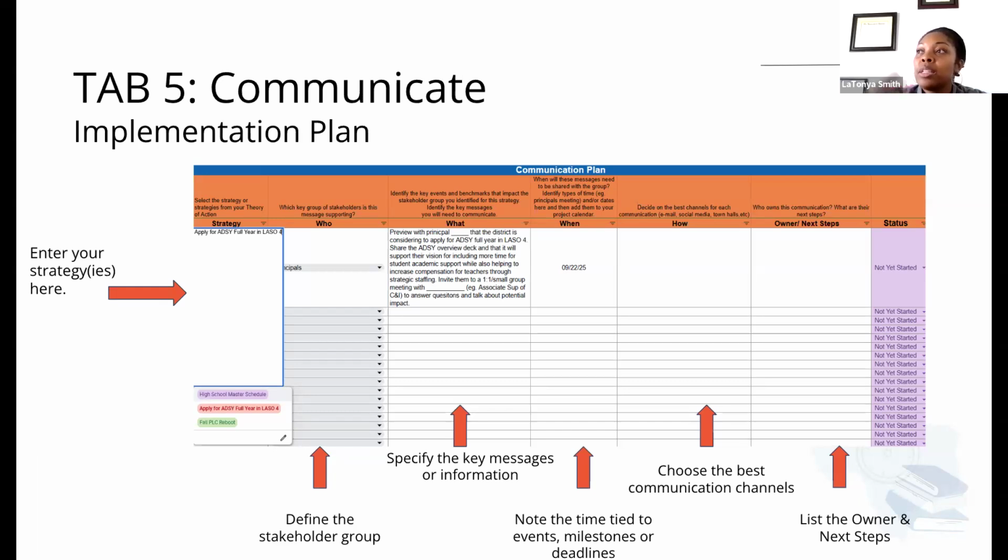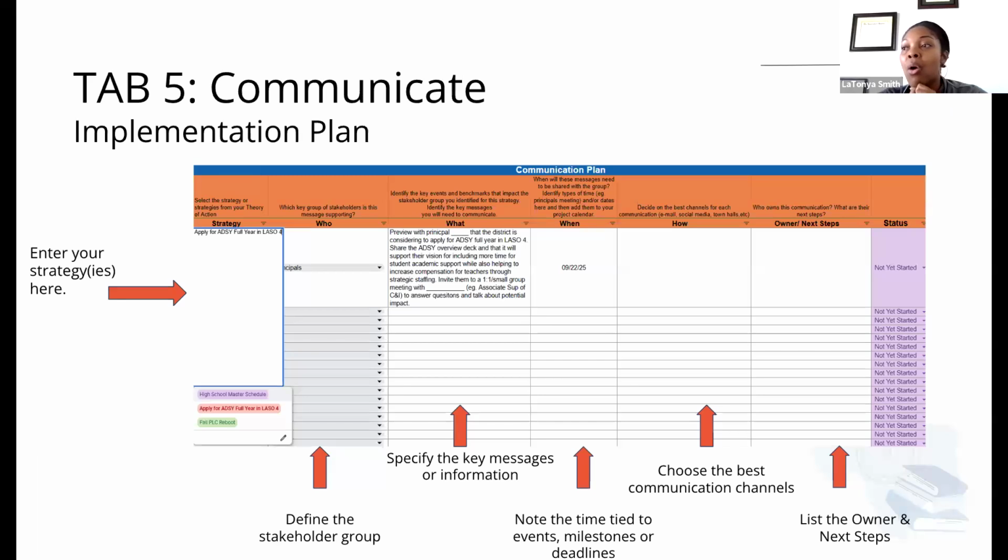For messaging, the what in this tab, you really want to think through the level of detail that needs to be shared when you're communicating with each stakeholder group. While it's detailed messaging, the messaging will not necessarily be the exact same for each stakeholder group.